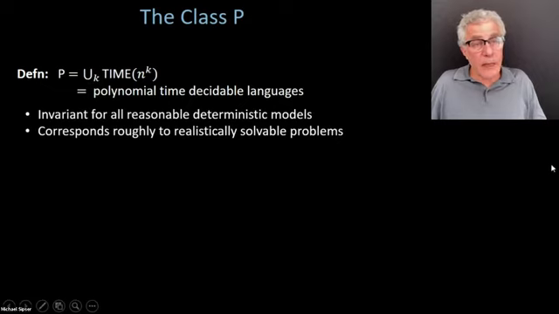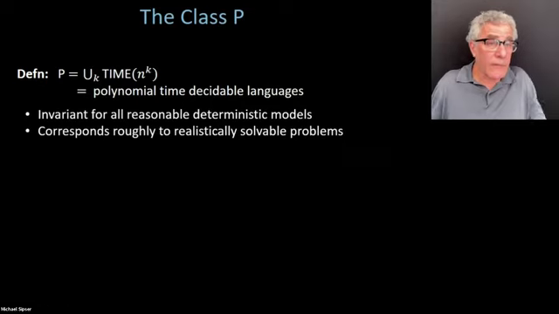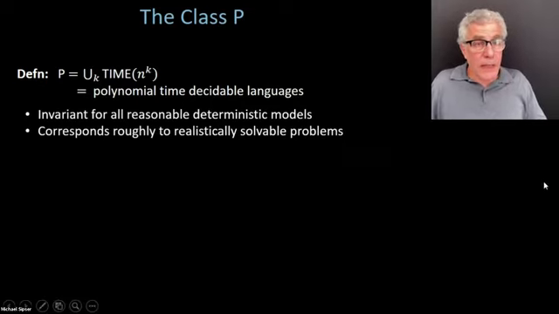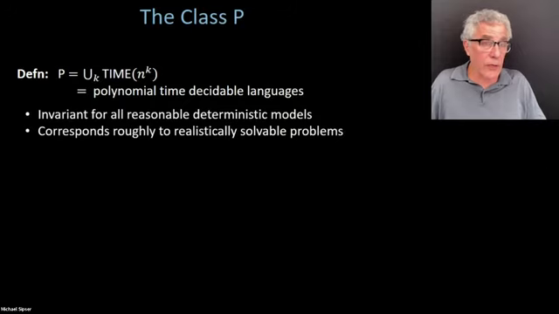But if you think about it from the perspective of cryptography, cryptographic codes that people come up with are typically designed to require, or the hope is that they would require, an exponential amount of effort to crack. If someone found even an n to the 100th algorithm to crack a code, people would feel that the code is not secure, even though n to the 100th is still large.